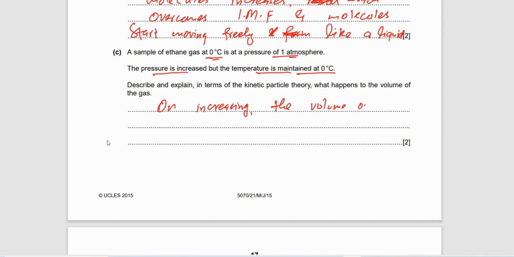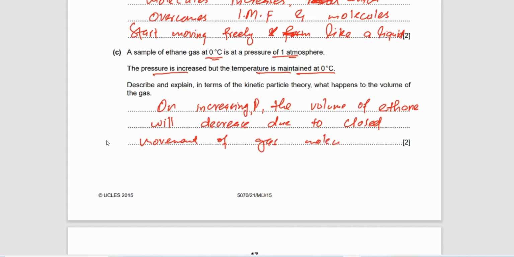The volume of ethane will decrease due to closer movement of gas molecules on compressing.